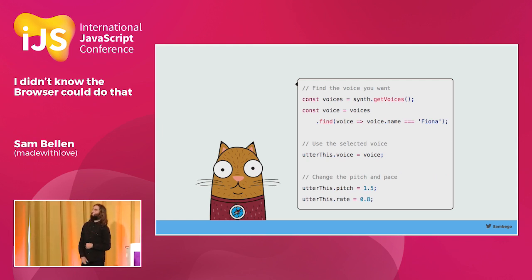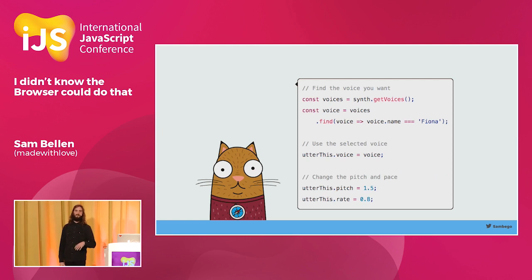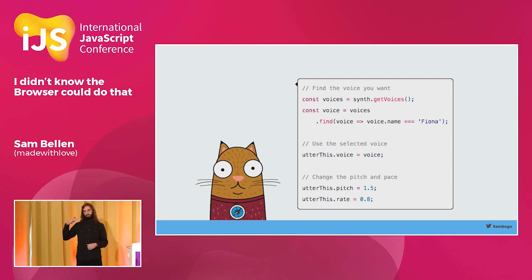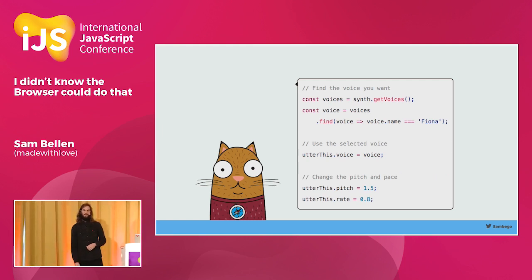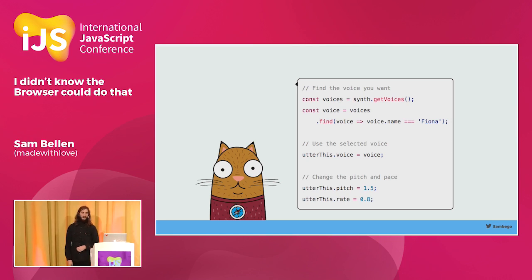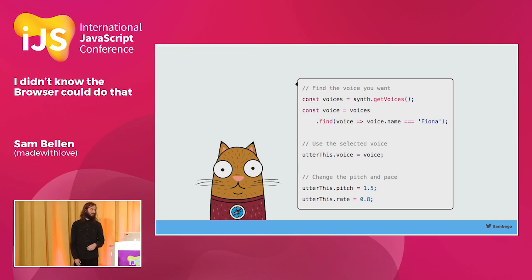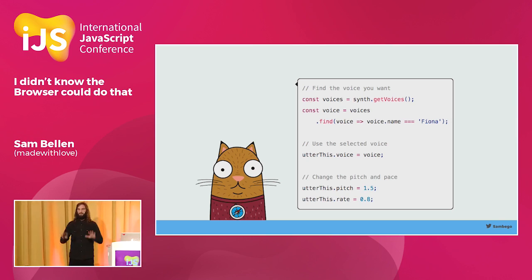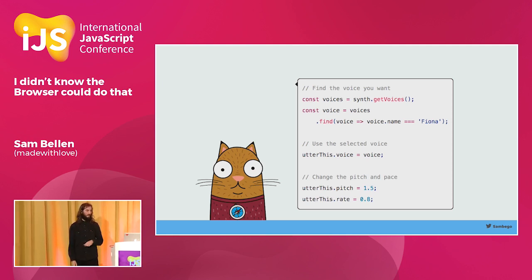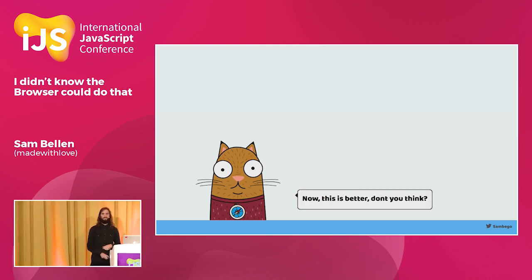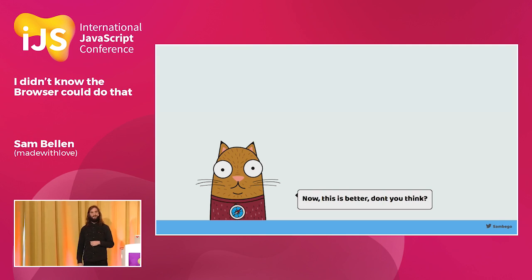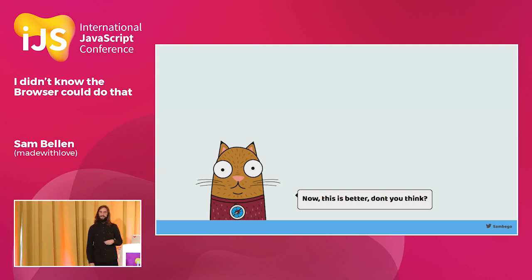I chose Fiona. There's a lot of voices. Some are better for English, some are better for Spanish, French, German. I think there's a German one, I'm not sure. So yeah. Then my cat is a small animal, so I increase the pitch, and it's a very lazy animal, so I decrease the rate so it talks a bit slower. And once you've done this... Now, this is better, don't you think? Sounds much more like a cat if a cat could talk English.